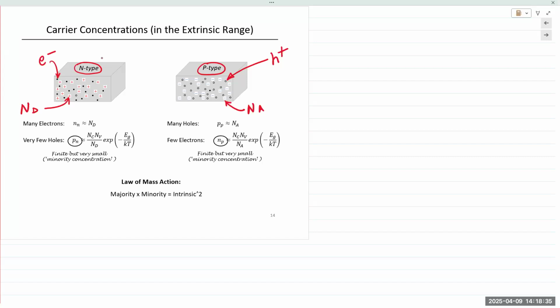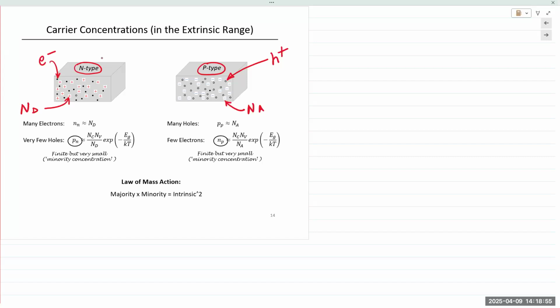That number is sufficient to overcome all the intrinsically generated charge carriers. The intrinsically generated electrons and holes number 10 raised to 10. The external electrons are now 10 raised to 16, far larger than the intrinsic numbers.